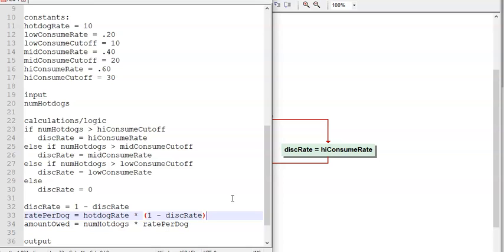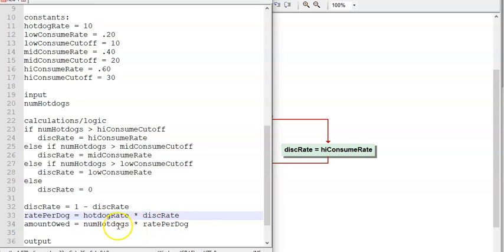I could have done this if I wanted to and not had this math. The problem is, you know from the very beginning, this is complex math. I'm subtracting and multiplying in the same thing. That makes this harder to maintain, harder to understand, and harder to debug. So we don't do that. Instead, we make our math very simple.